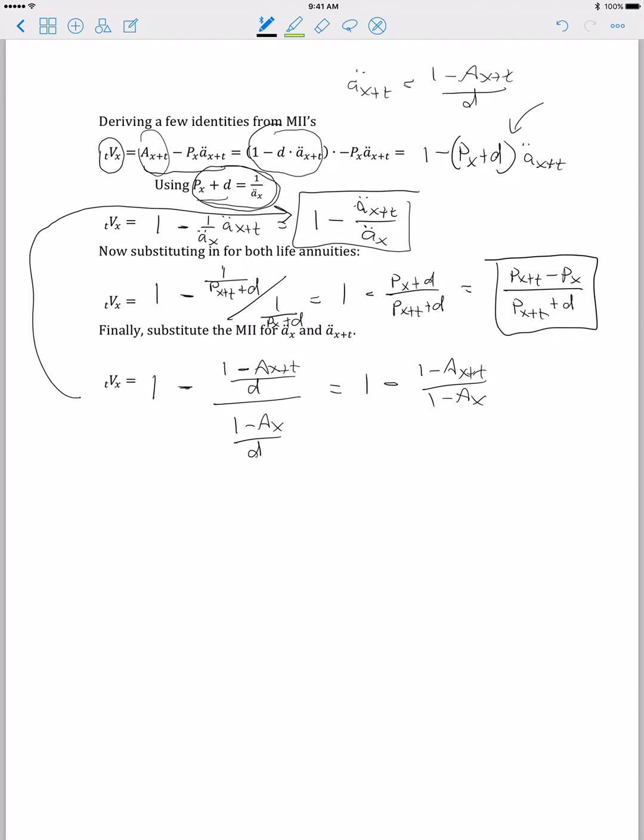Now I get a common denominator of 1 minus A_x. So I have to multiply the 1 by 1 minus A_x over 1 minus A_x. And the 1's are going to subtract away, and the A_x plus t becomes positive.